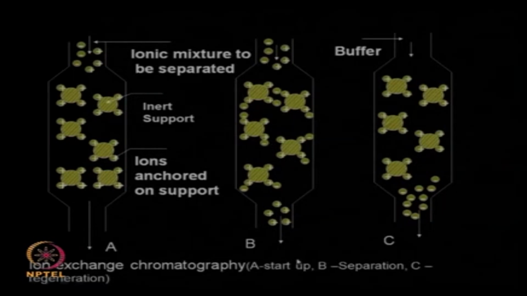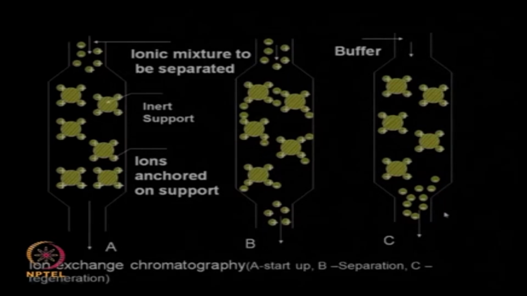So if there are proteins which have a positive charge, they will not get bound to the support, they will travel out. So proteins with negative charge will be retarded or bound. Later on when I use a buffer, I can remove all these negatively charged proteins.